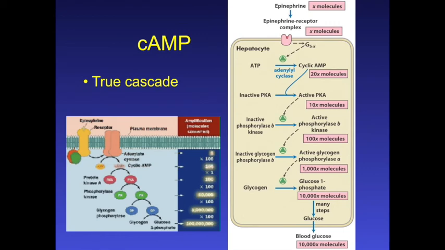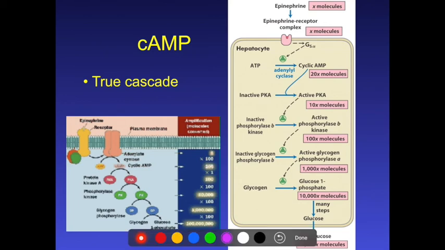Now, in terms of what you need to know, this is what I taught you up to this point. Epinephrine, or a signal molecule, binds to a receptor. The receptor undergoes conformational change. The conformational change will upregulate a G protein that's associated to it. The beta-gamma regulatory subunit is released.